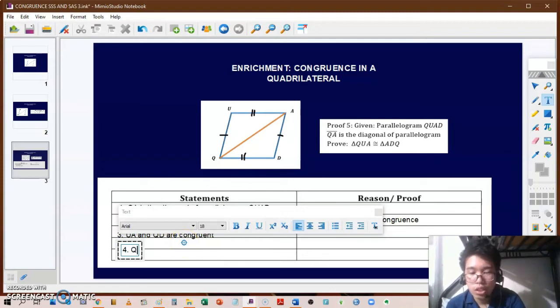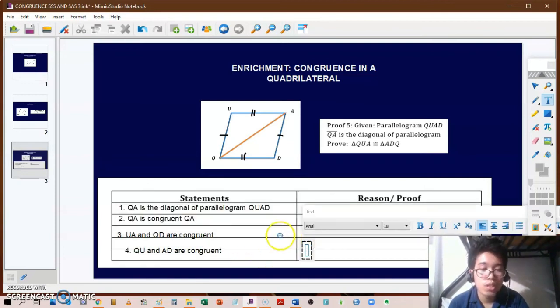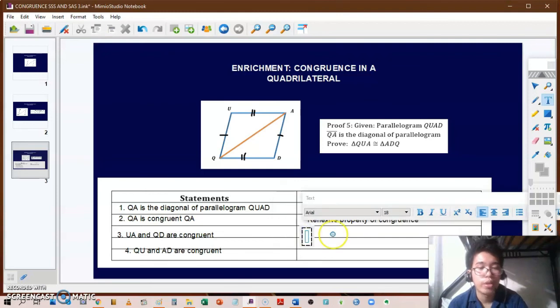QU and AD are congruent. What's the reason for that? That's one of the properties of a parallelogram, so we can simply write it as the definition of a parallelogram.